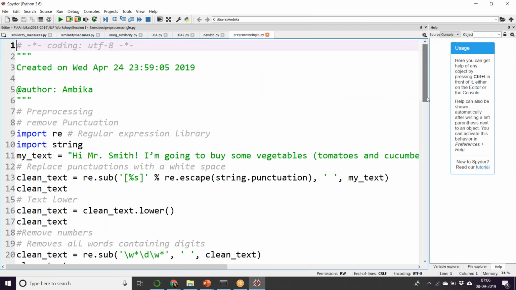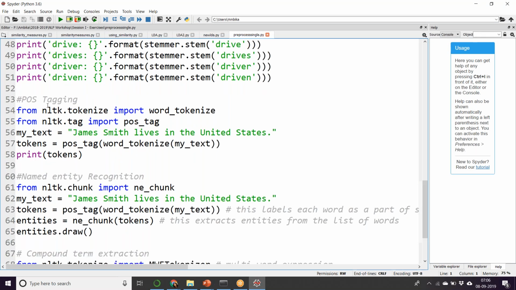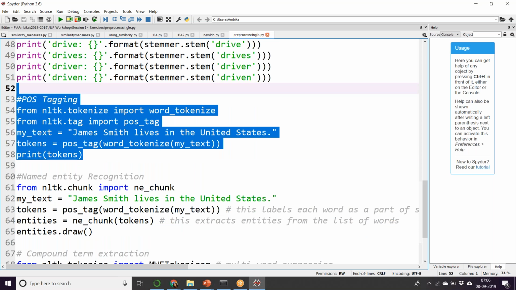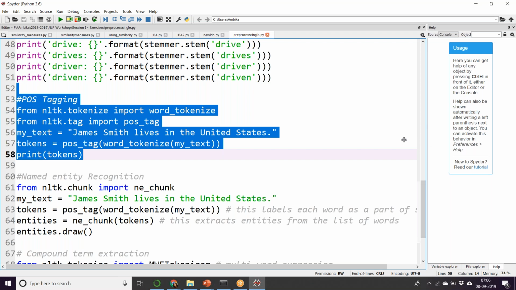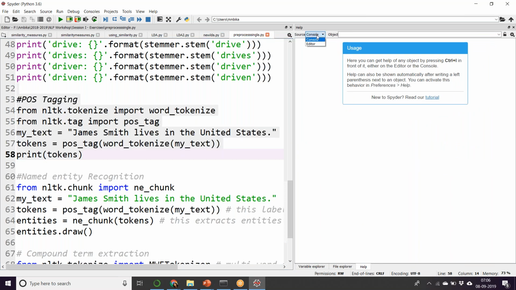In the pre-processing itself, the last time I had explained how to apply POS tagging. If you have already done it, maybe it could be easy for you to recognize what POS tagging was. I had reset everything.